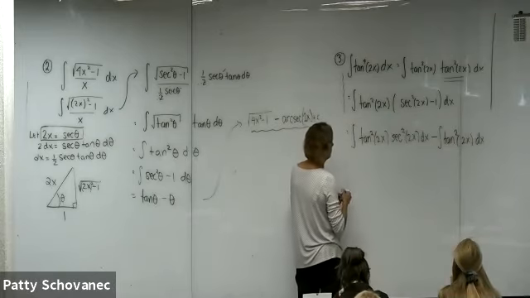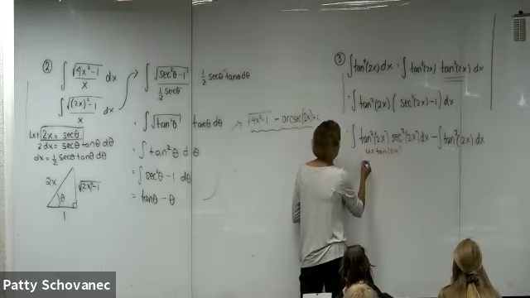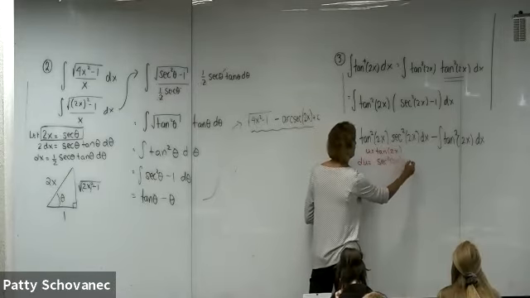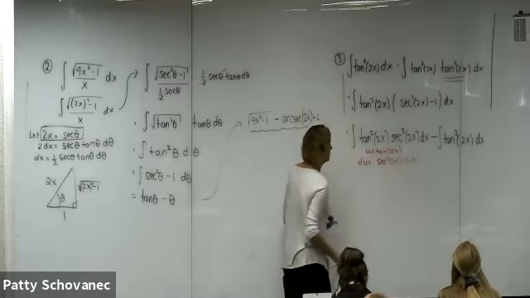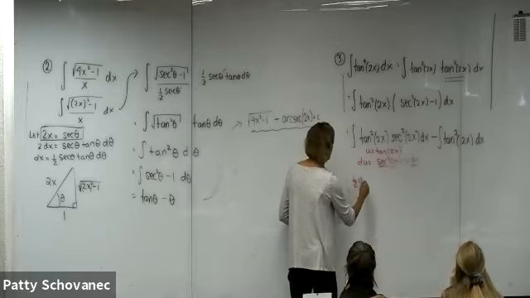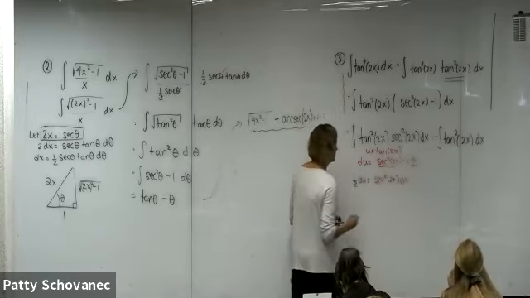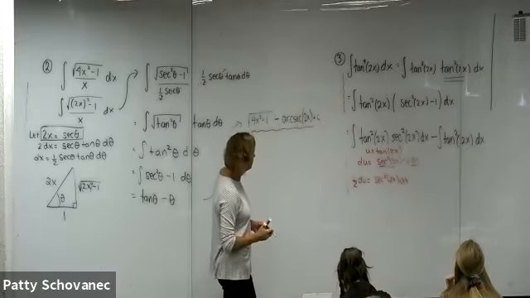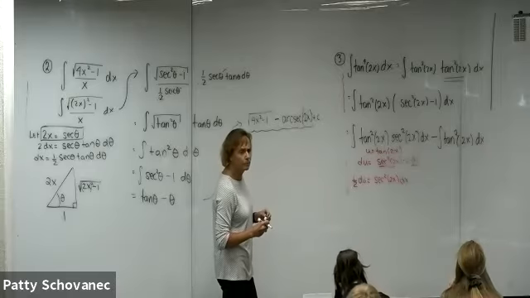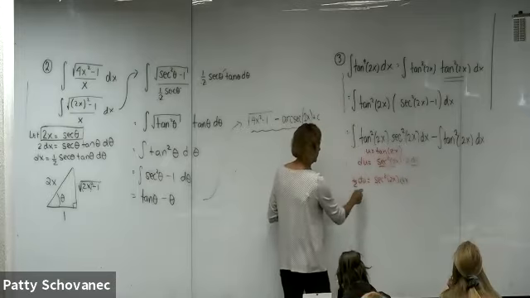For this integral, we take u to be the tangent of 2x. Then du is secant squared of 2x, but now we also get a 2, so 1/2 du is the secant squared of 2x dx. So our first integral becomes 1/2 u squared du. This is u squared, that's the du, times 1/2.